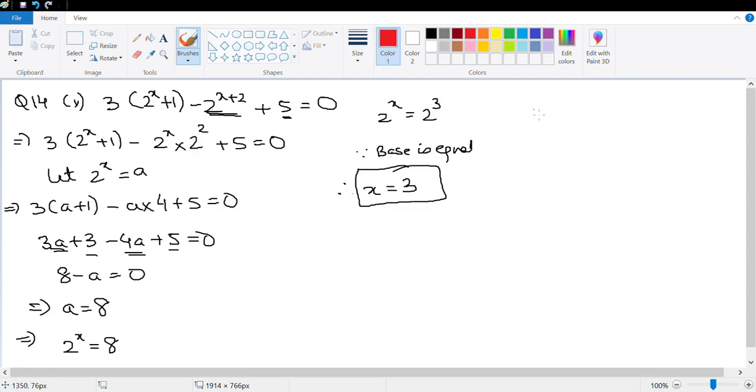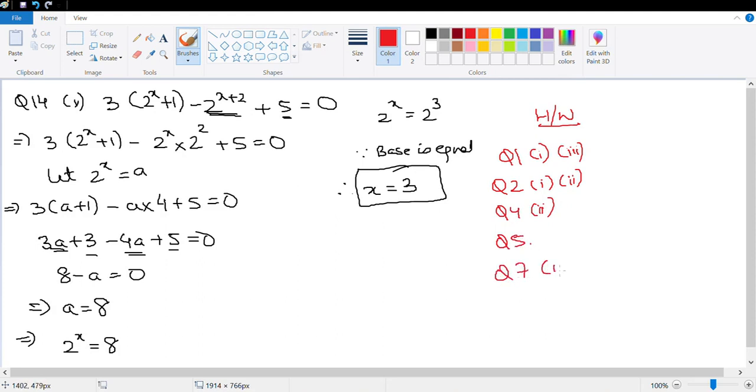And now the homework questions for you. Our homework questions are question number 1, part 1 and 3. Question number 2, part 1 and 2. Question number 4, part 2. Question number 5.